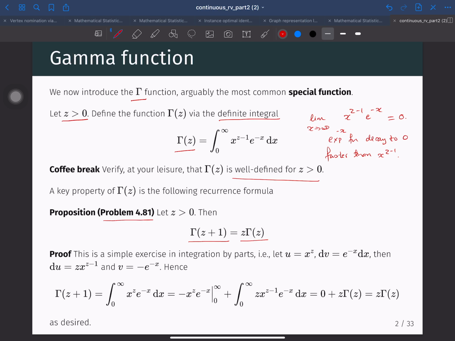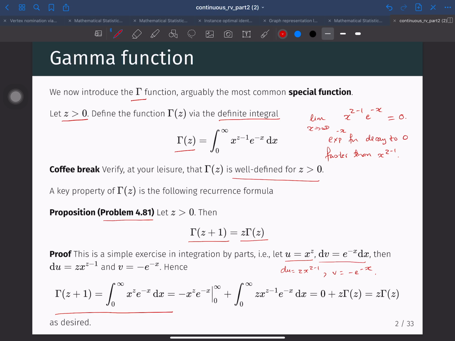So here we have the integral gamma z plus 1, where now, because we do z plus 1, it's going to be x to the power of z. So now we can just let u be x to the power of z, and then dv is e to minus x dx, in which case du is z x to the z minus 1, and v is minus e to minus x.